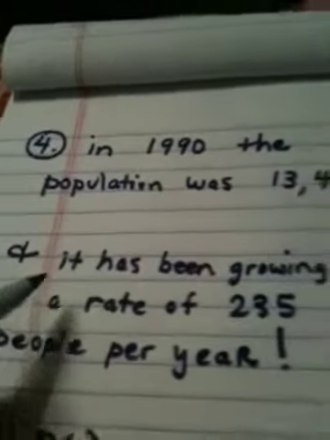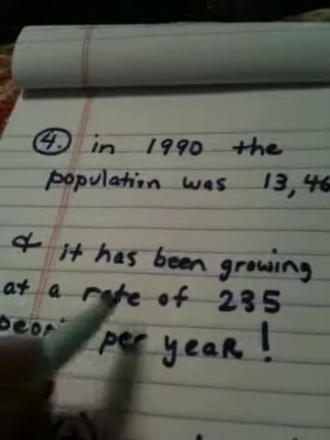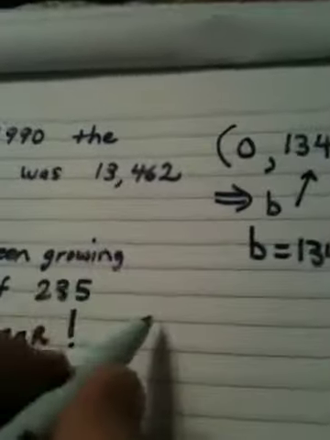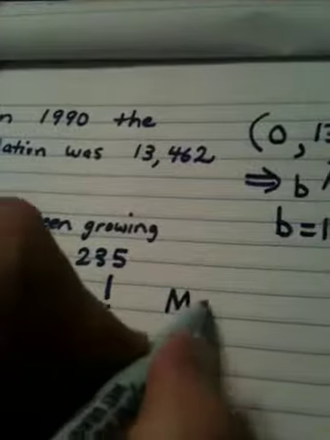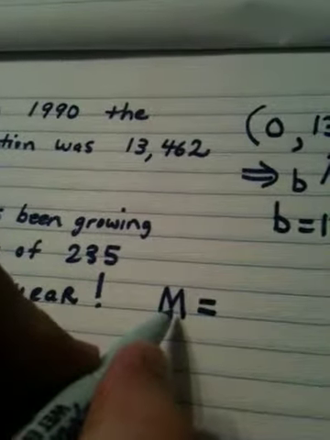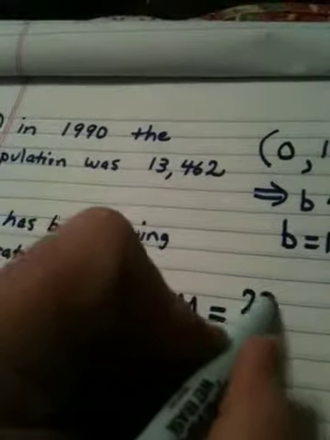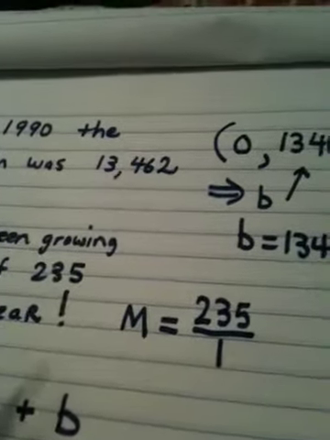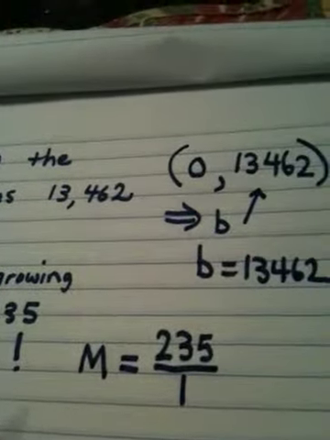Okay? Now, next fact. The population has been growing at a rate of 235 people per year. Guess what that means, people? The change, which is the slope, is 235 people every 1 year. See that? So they just gave us the slope.